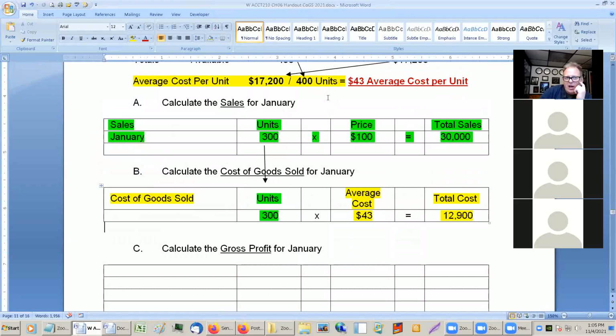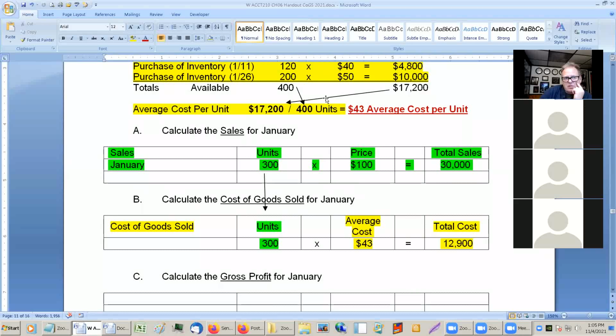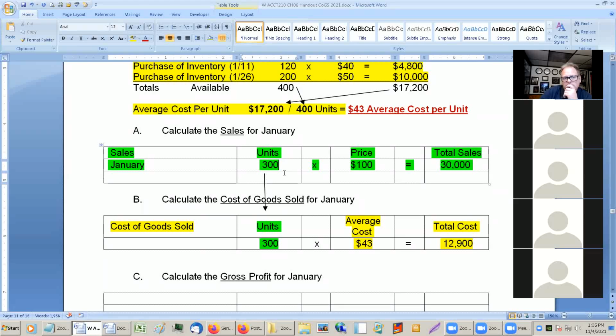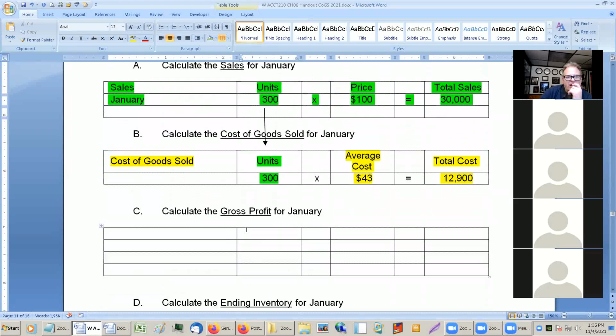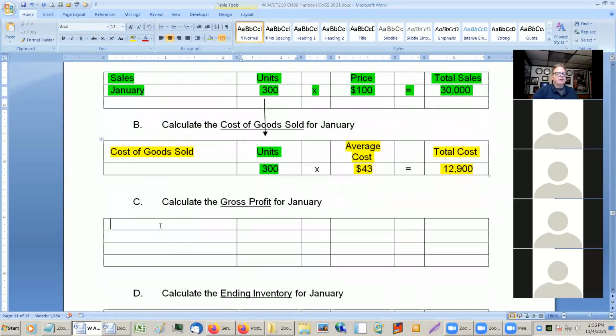Okay, now, if we had 400 units available and we sold 300, how many were not sold? 100. Yep. Oh, wait, I gotta do the, oh, hold on a second, I jumped ahead here. Sorry about this.